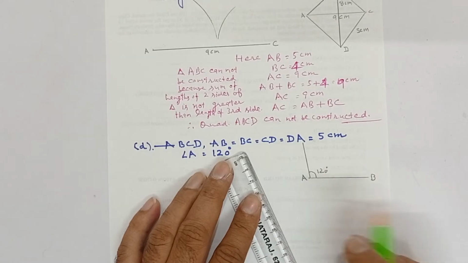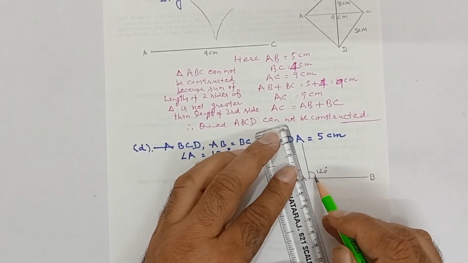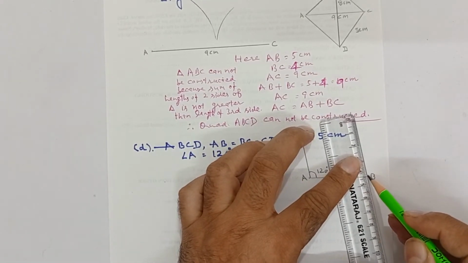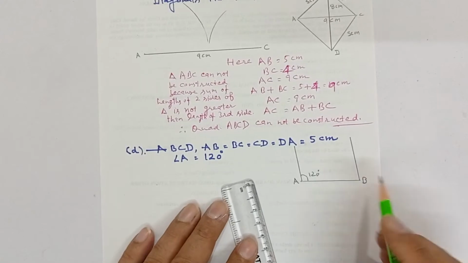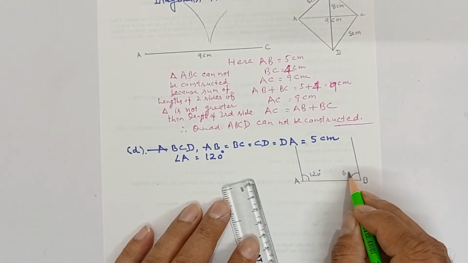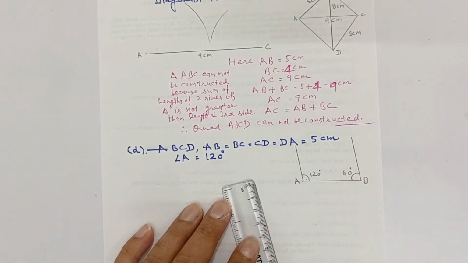When all the sides are equal, then it is a parallelogram, because this angle and the angle at B will be co-interior angles. So this will be 60 degree, because angle A plus angle B is 180 degree, co-interior. This we are to find out.